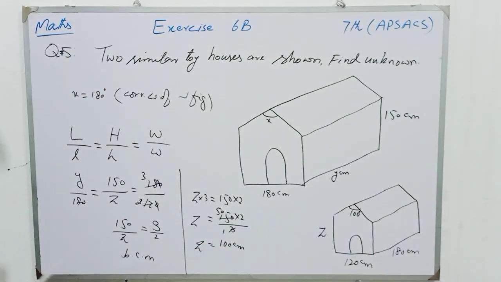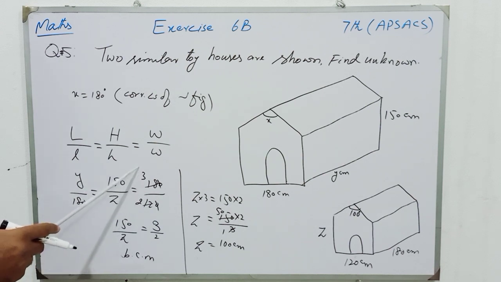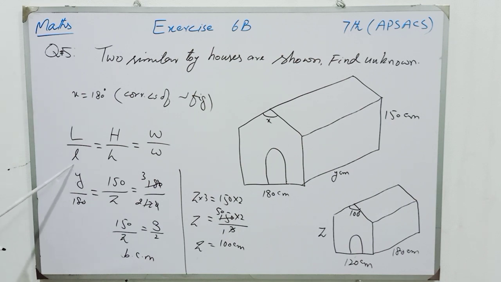Now students, we can write y over 180 is equal to 150 over z, and in place of z we will write 100. Or you can take y over 180 is equal to 3 over 2, and we will find the value of y.